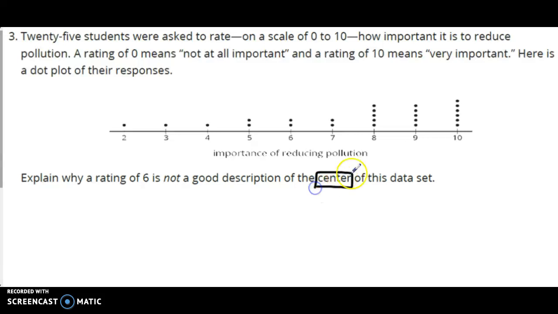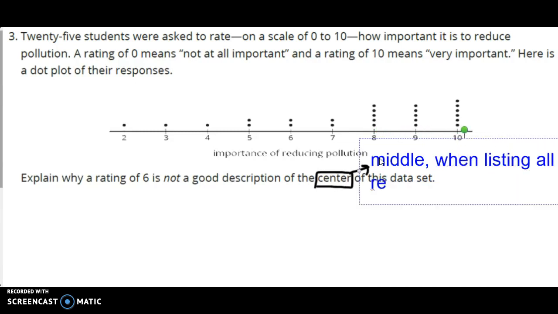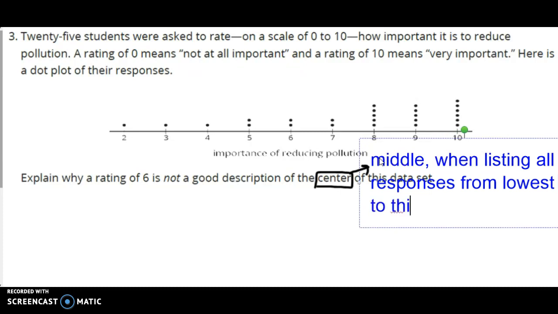Okay, let's pause and talk about what this means. Center means the middle, okay, but only when listing all responses from lowest to highest.